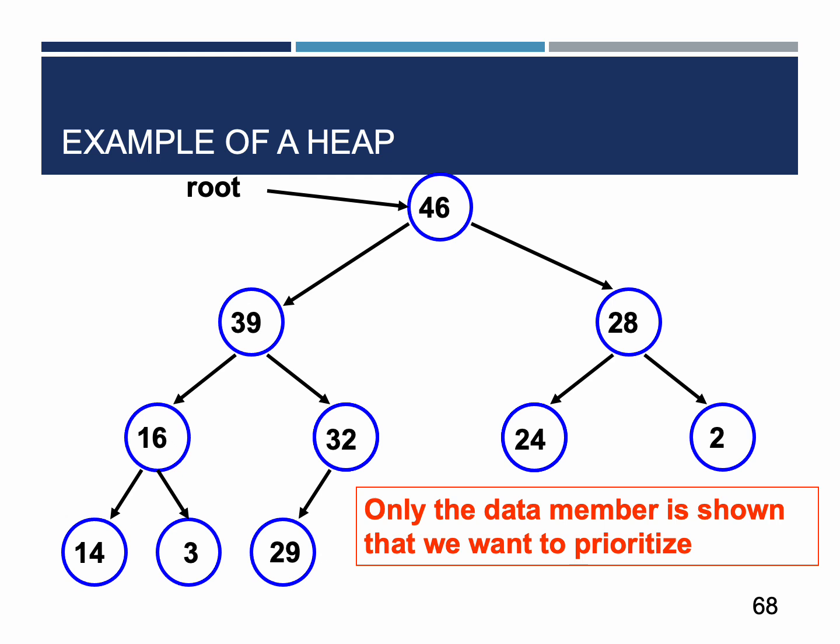On the left side, 16 and 32 are the children of 39, and 16 has two children, 14 and 3, and 32 has one child. Only the data member is shown that we want to prioritize here.